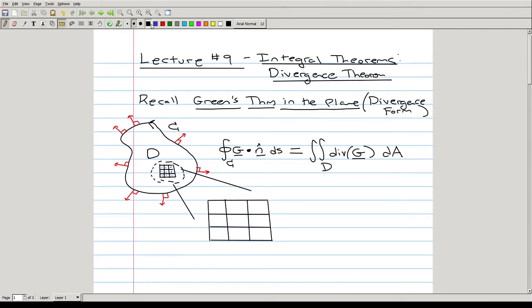And so the idea here is that if we have our vector field G, which is defined at all points throughout our domain, we know that the divergence of G is in some sense giving us an idea of the amount the vector field is stretching or diverging from every given point.